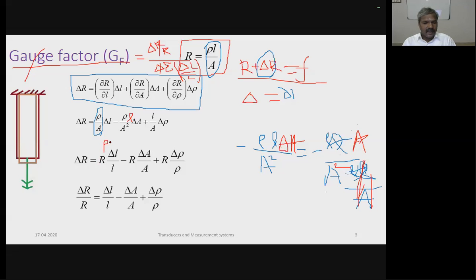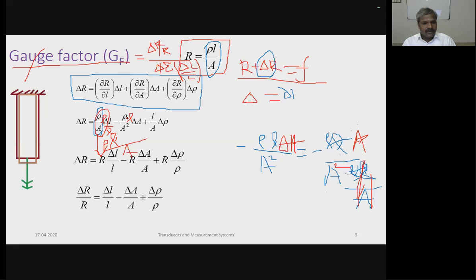Rho L by A, but we are having only rho by A. If you make this a R, you remember rho L, we are multiplying and dividing by L. So now this becomes R. Understand? So here instead of rho by A, we are replacing by R with the division of L, divided by L. Here also rho L is there.